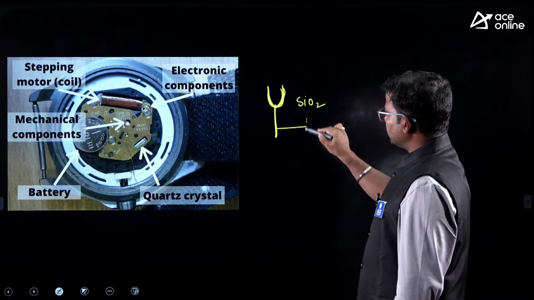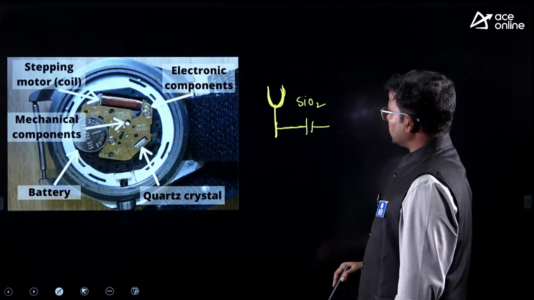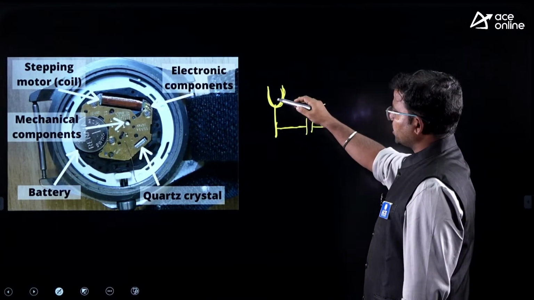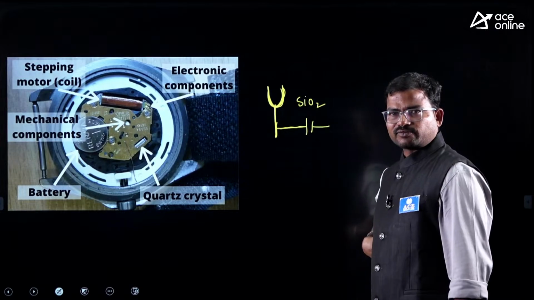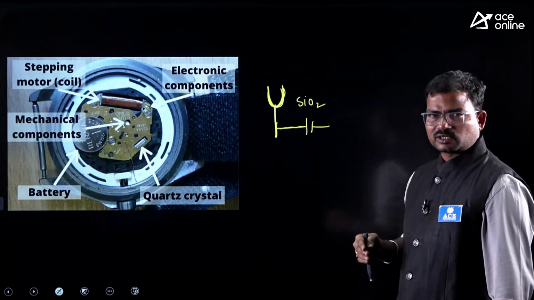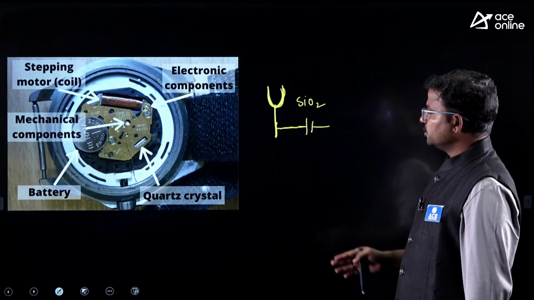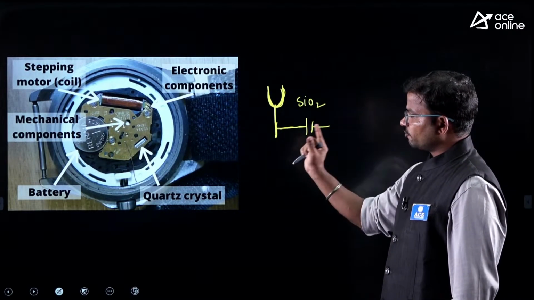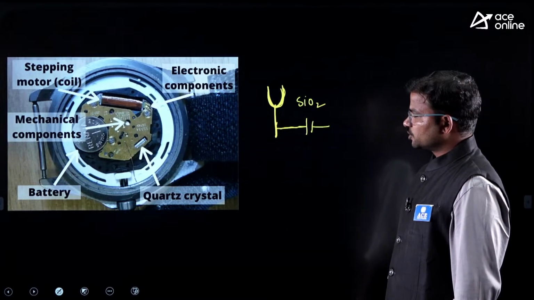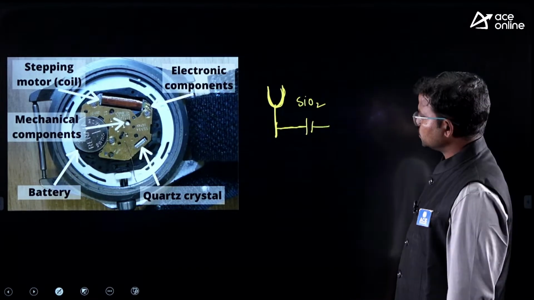When it is connected with a battery, when electrons are transferring through this material, it exhibits some vibration. Based on the vibration, we can get the time. So we get the time based on the vibrations of the quartz. Due to that, these types of watches are called quartz watches.